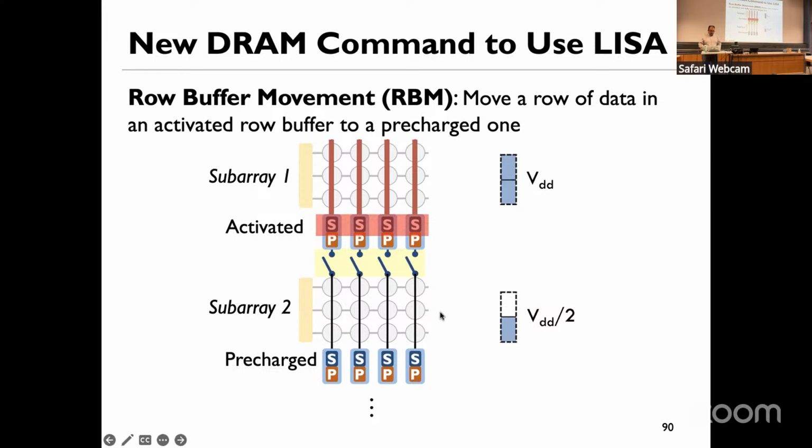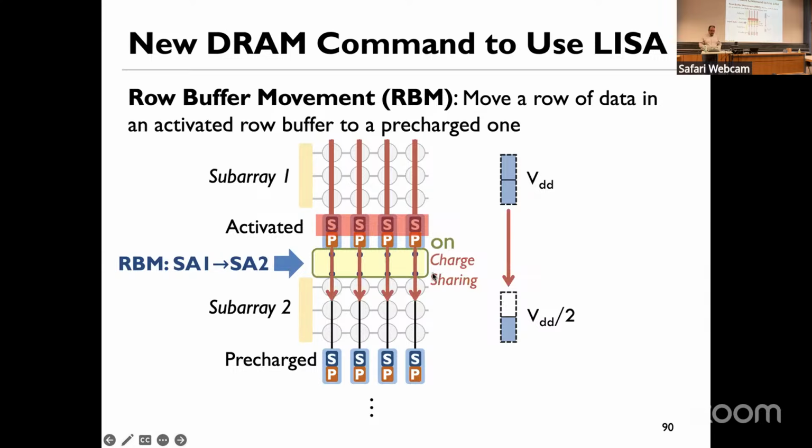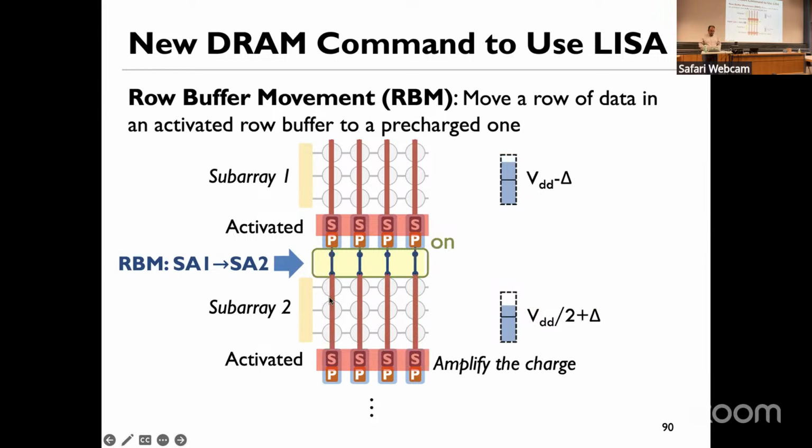In subarray 2, you are in the precharge state, but then you activate these transistors, so now they are on. You do this charge sharing, and then you charge the bitline, so the data is moved to the row buffer in this subarray. Then when you activate the destination row in subarray 2, you can copy that row to that subarray.